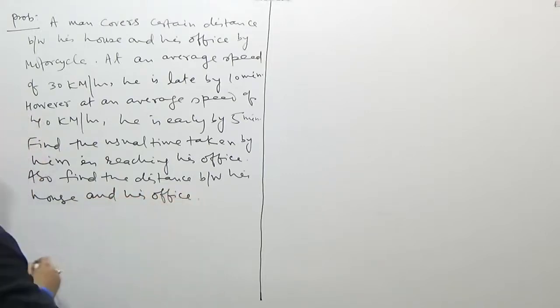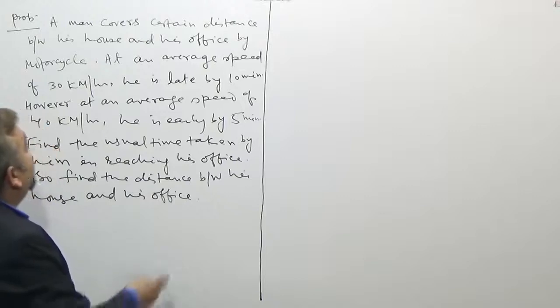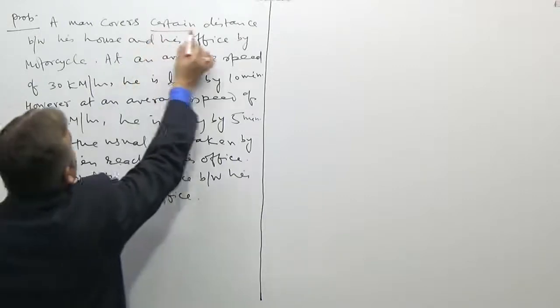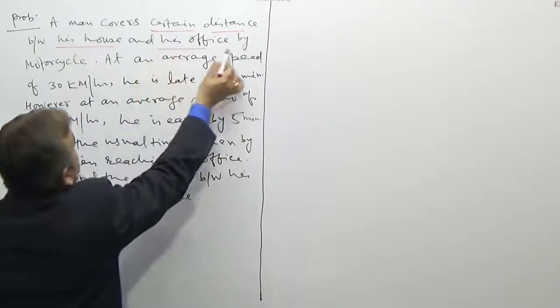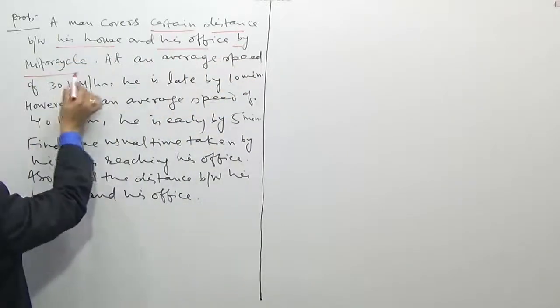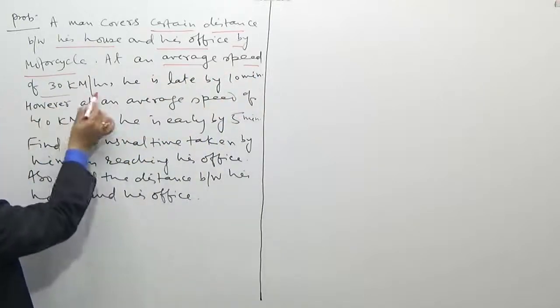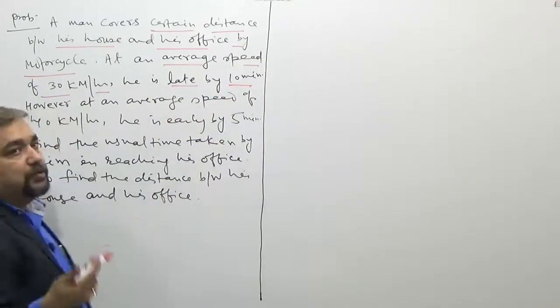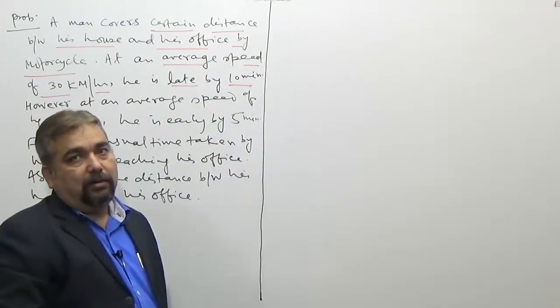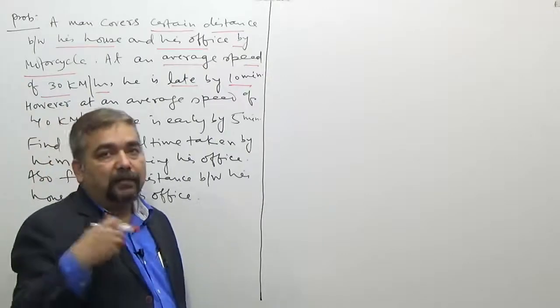This is the question. Generally, you can see this type of question in exams. Question is, a man covers a certain distance between his house and his office by motorcycle at an average speed of 30 km per hour. He is late by 10 minutes. Late means what? From normal time, 10 minutes more. From usual time, 10 minutes more.